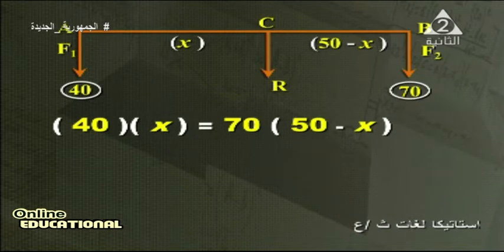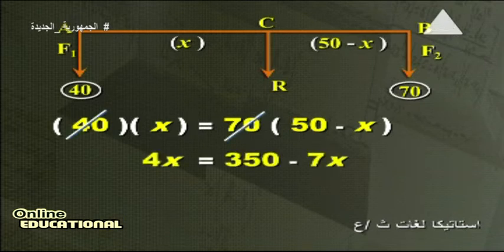Then, by the cross rule, 40 times X, or F1 times AC, equals F2 times BC. By substitution, 40 times X equals 70 times 50 minus X. Dividing each term by 10, we deduce that 4X equals 350 minus 7X.